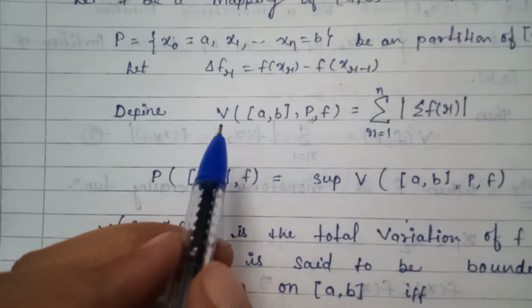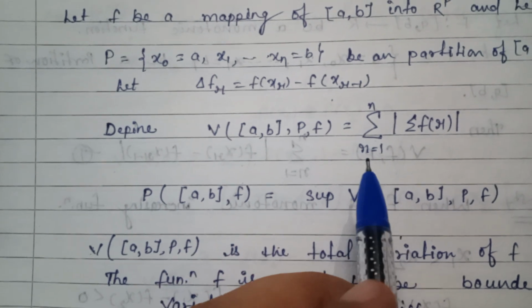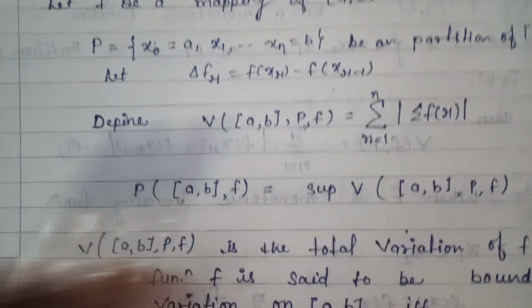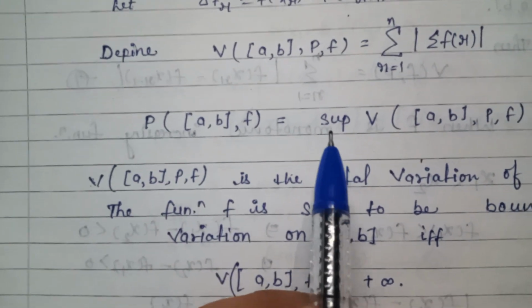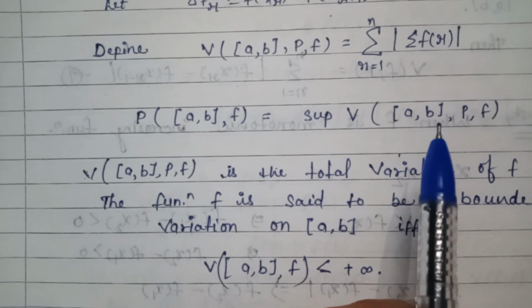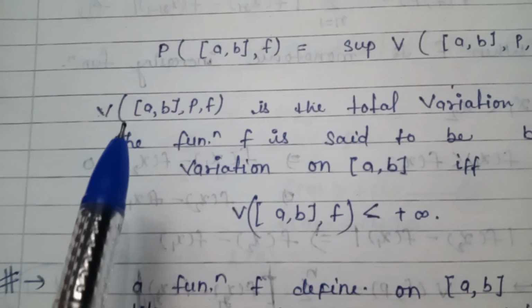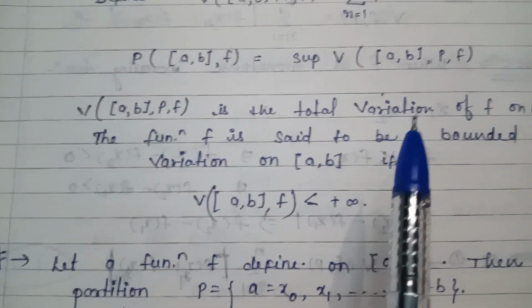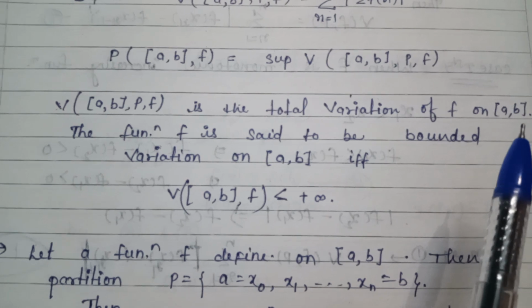Define V([a, b], P, f) = summation r = 1 to n of |Δf_r|. V([a, b], f) = supremum of V([a, b], P, f). So V([a, b], f) is the total variation of f on the closed interval [a, b].